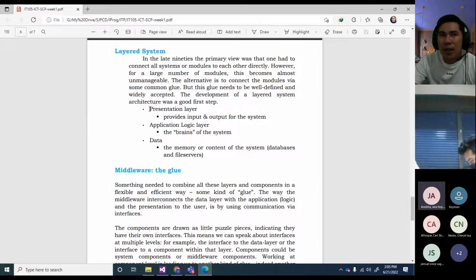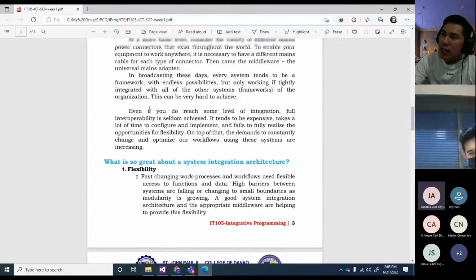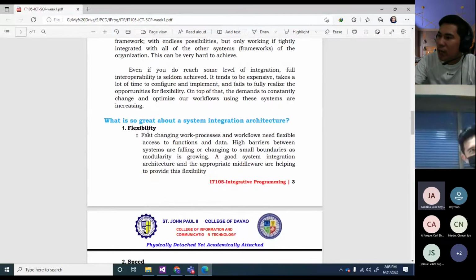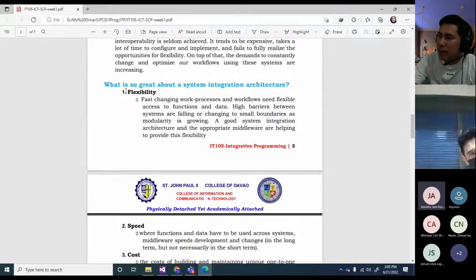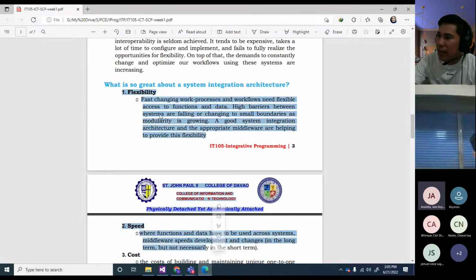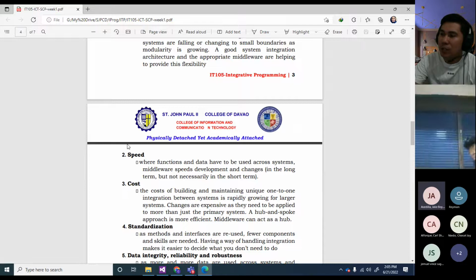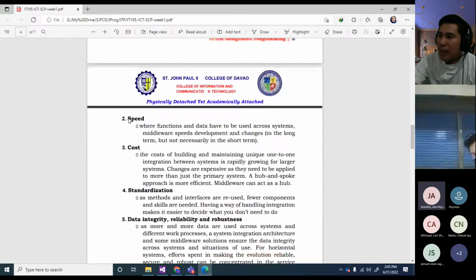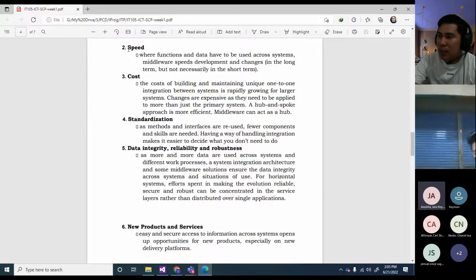These are frameworks used to develop a system which follows the attributes mentioned earlier: flexibility, speed, cost, faster development, a faster software.